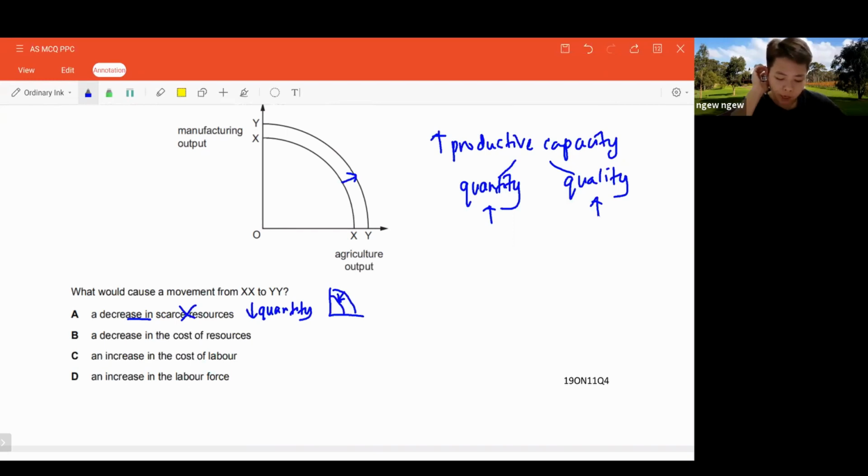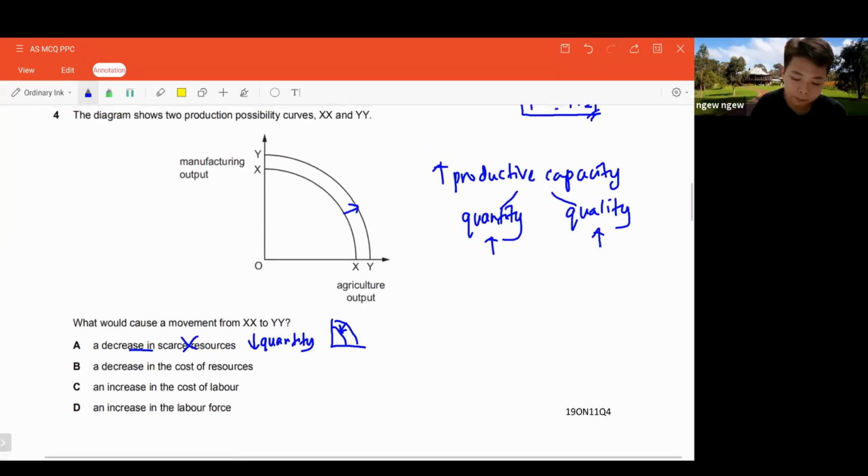However, the productive capacity is constrained by the quantity and quality of resources. Even though the cost of resources is now cheaper, and it seems like you can buy more, not necessarily you can increase the quantity of your resources. Especially, this is the context of productive capacity.